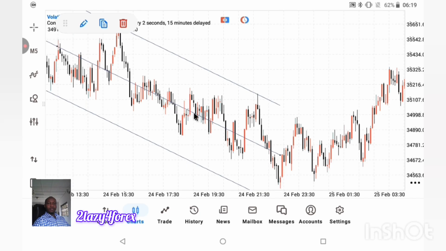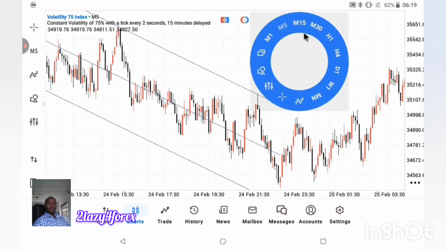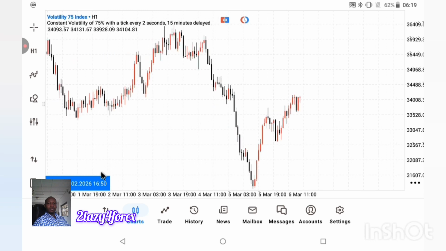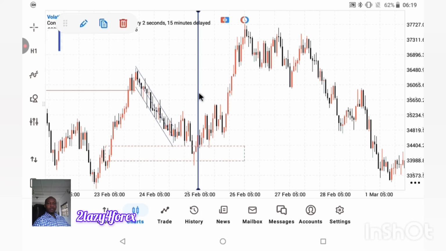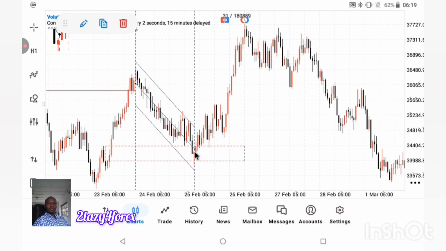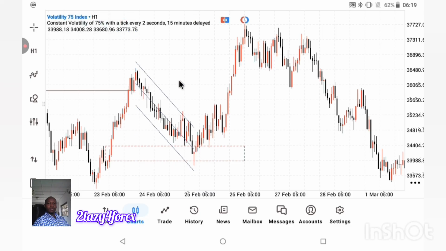The first candle to the lowest candle. Let's go back to the one out so you see what I'm saying. You pull it from the first candle, that is the red. Let's remove this. So you pull it to this red. That is the last candle there.